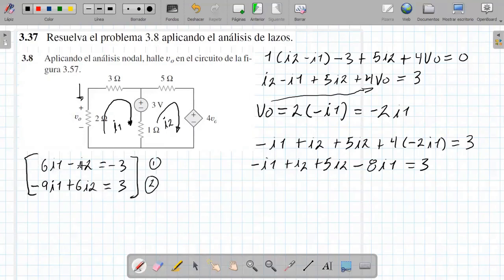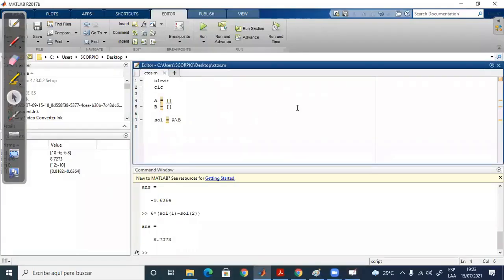The equations are: 6 I1 minus I2 equals minus 3, and minus 9 I1 plus 6 I2 equals 3. Let's put the matrix, 6 and minus 1; minus 9 and 6, and here I put minus 3 and 3.